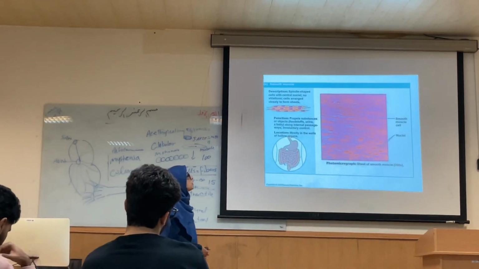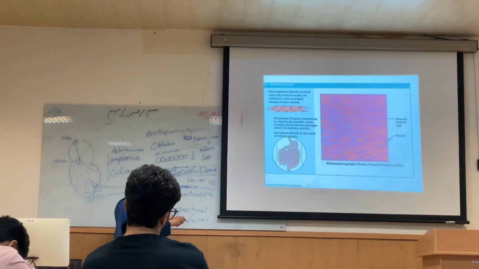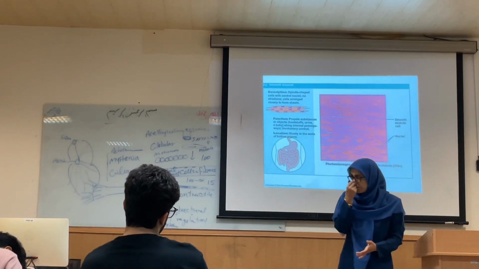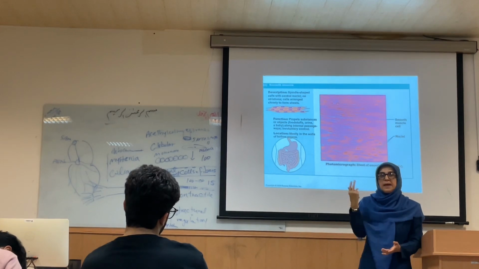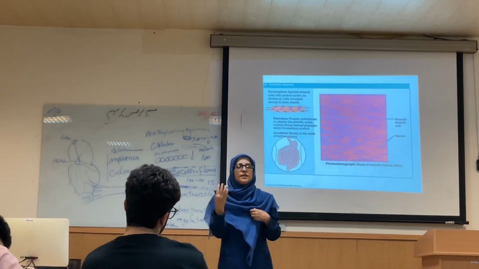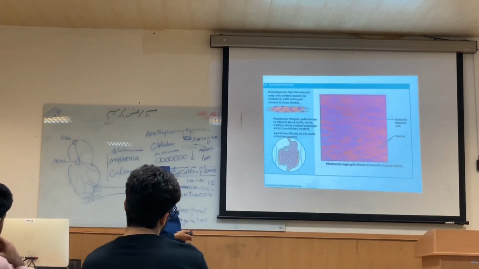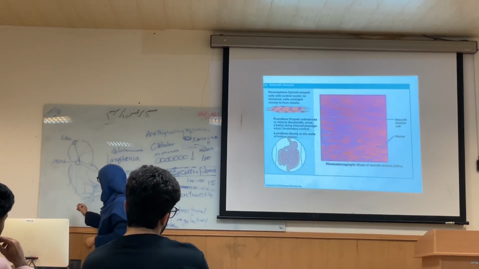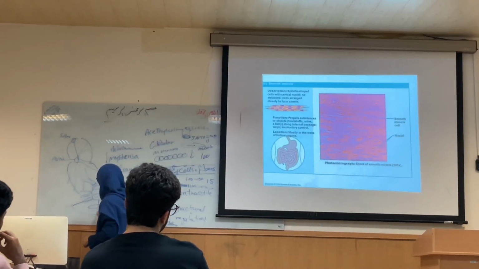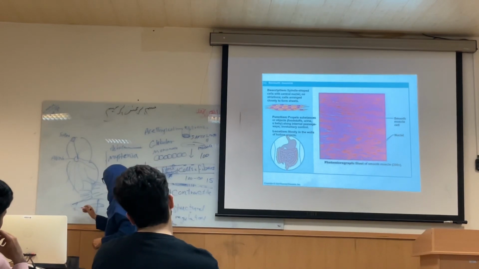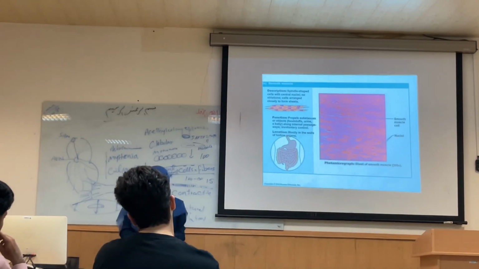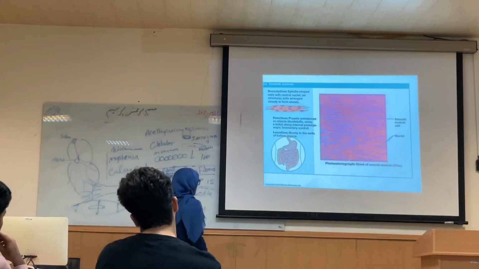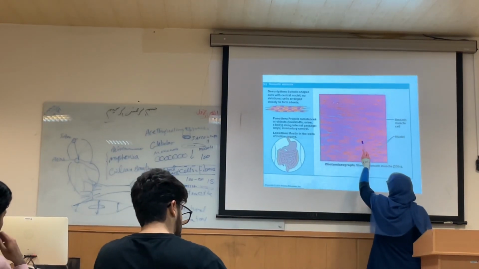The last type of muscle tissue is smooth muscle, which occupies the wall of the internal organs, such as the stomach, intestine, and others. The cells are flat.